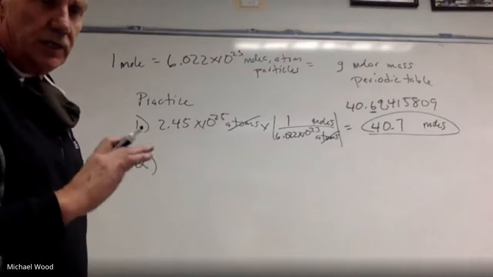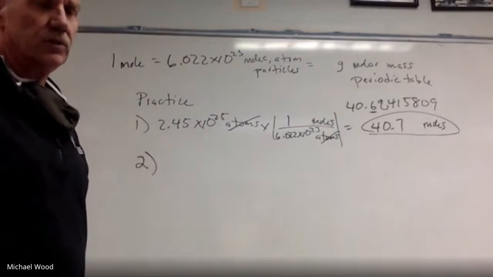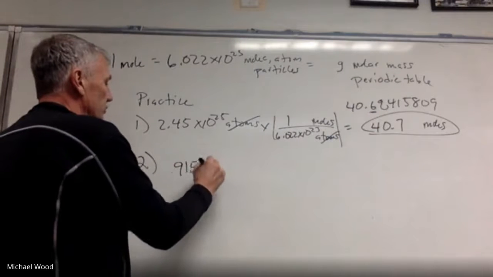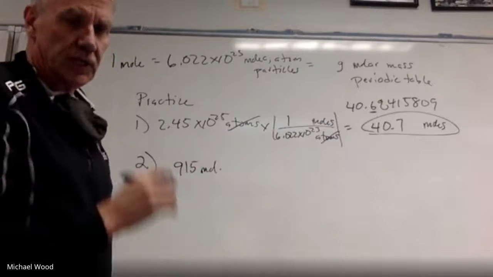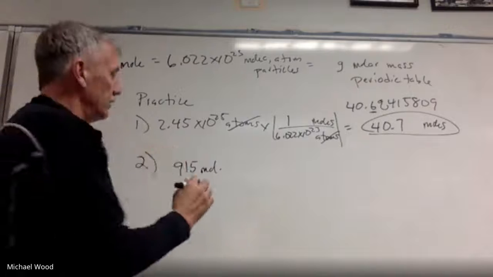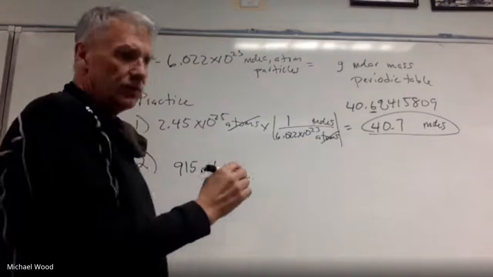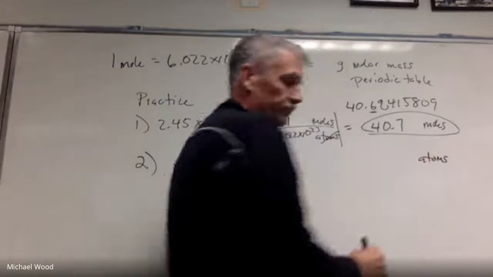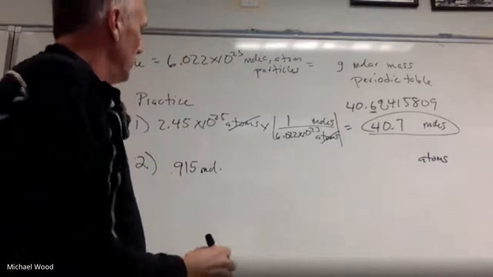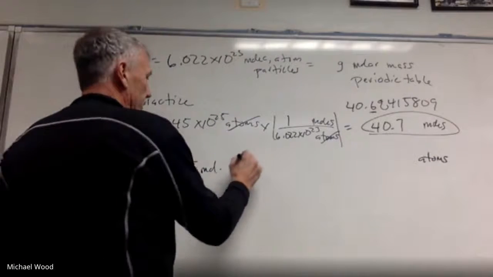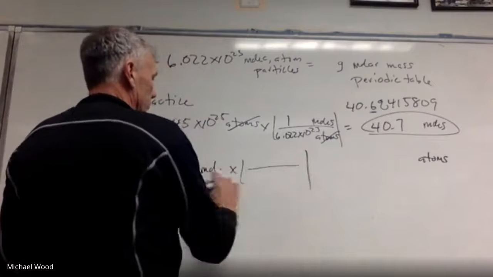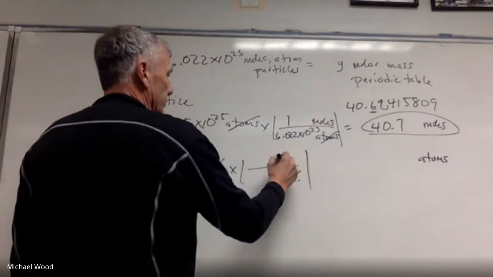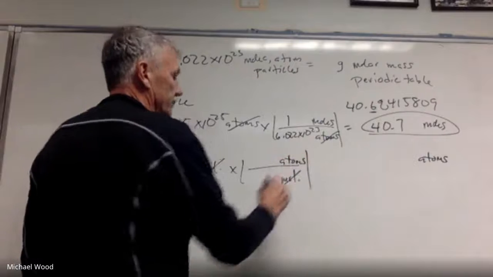So here again, most of these are given in word problems. The number you're given is where you start. So 0.915 moles, and I always abbreviate moles, mol. And I want to convert this to atoms. Okay, so there's my setup. Since I start with moles, moles go on the bottom so they cancel out, and I end in atoms, atoms go on top.